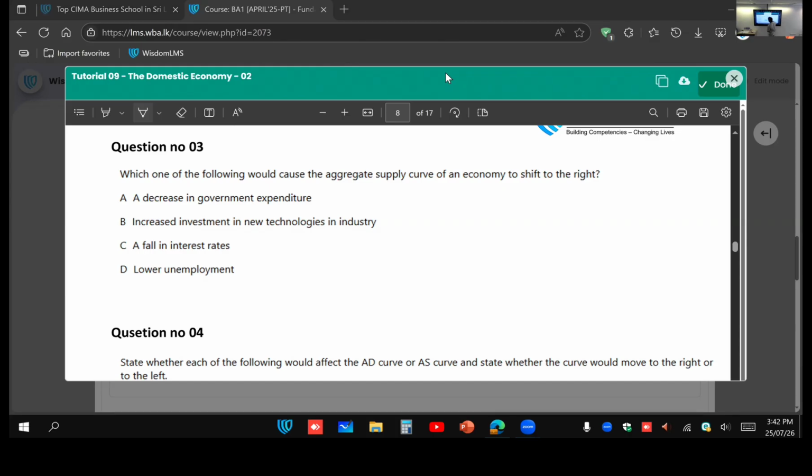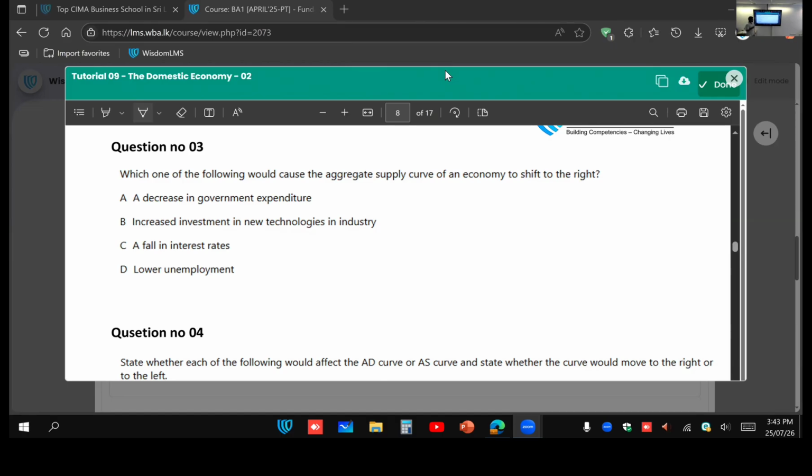Yes. Tarani, for question number 3, what's your answer? Which one of the following would cause the aggregate supply curve of the economy to shift to the right? Decrease in government expenditure?